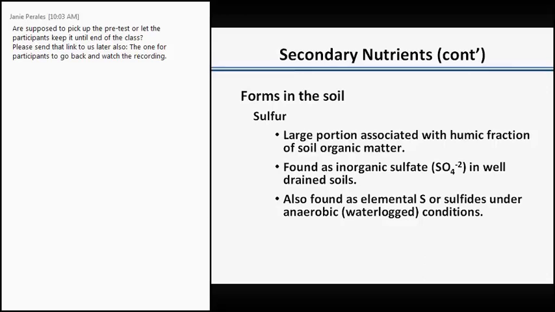Now, if that material ever becomes oxidized, then this will actually generate some acids, and you've got to be careful about how you handle those.